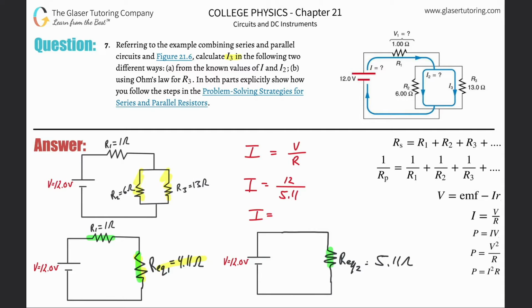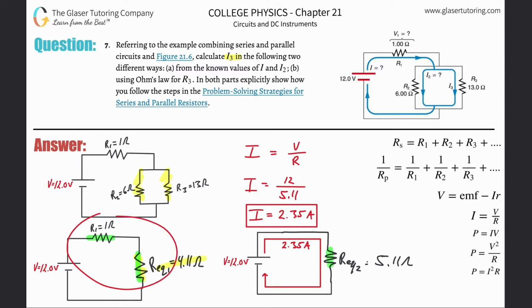And this works out to be 2.35 amps. So that's the current now flowing through this circuit, okay? 2.35 amps.